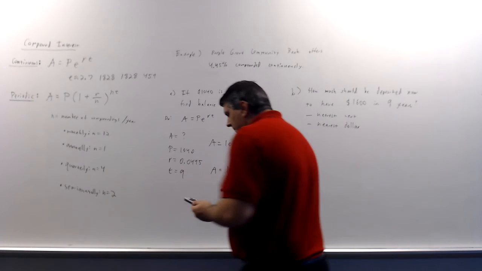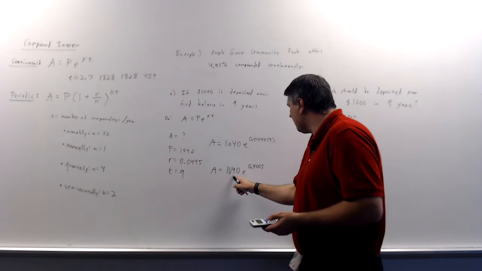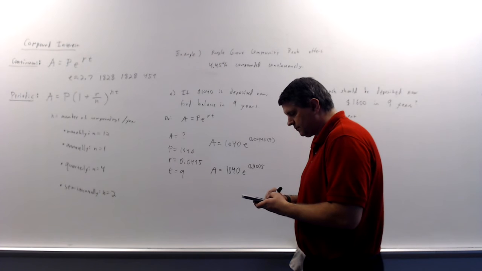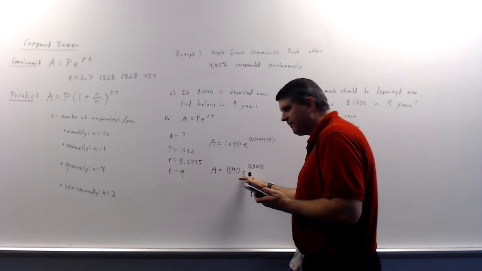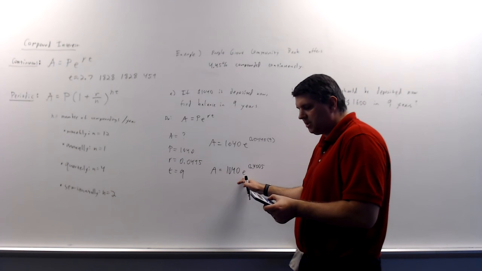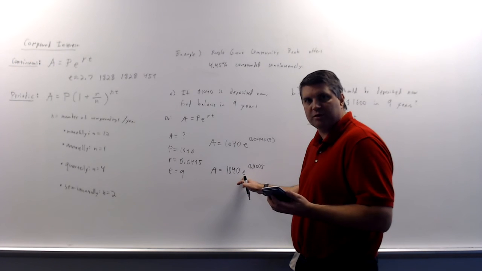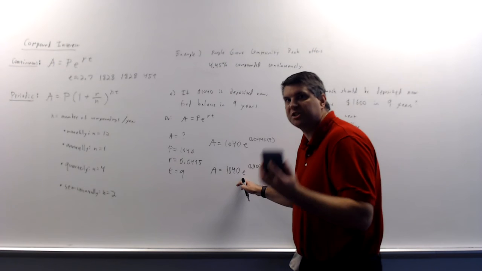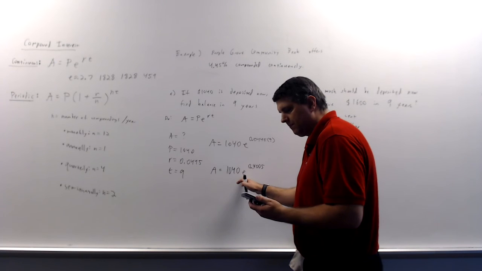So, for me, I would just type in 1040 times shift or second, depending on what your calculator says, ln. So again, 1040 times shift or second ln.